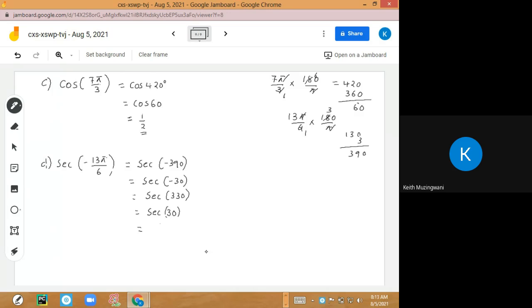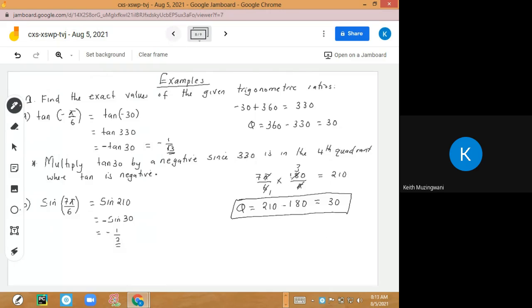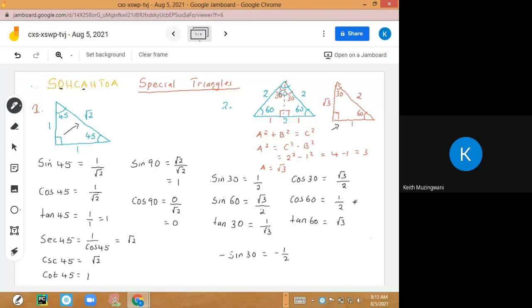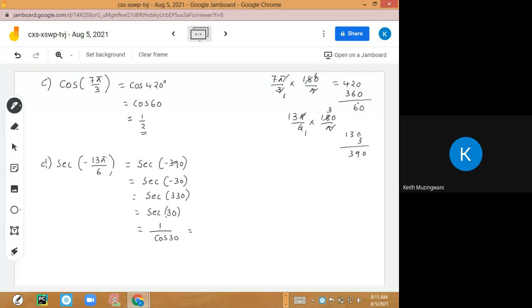So sec is 1 over cos. And cos 30 is, let's go check. What is cos 30? Cos 30 is root 3 over 2. So we have 1 over root 3 over 2, giving us 2 over root 3.